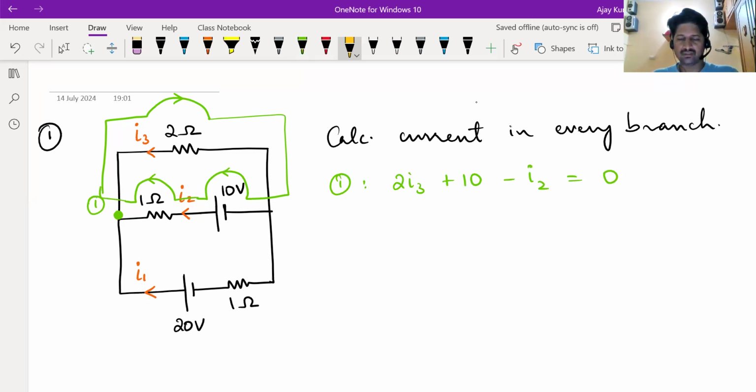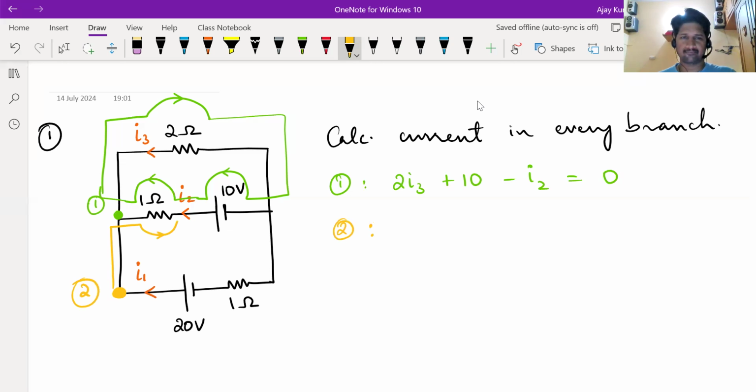Fine. Next, for the lower small loop. Where shall we start from? Bottom left. Clockwise or anti-clockwise? Clockwise. Okay, no problem. So start moving along this loop. The first element you come across is this resistor. You're going opposite to I2. So how do you write the potential change across that resistor?